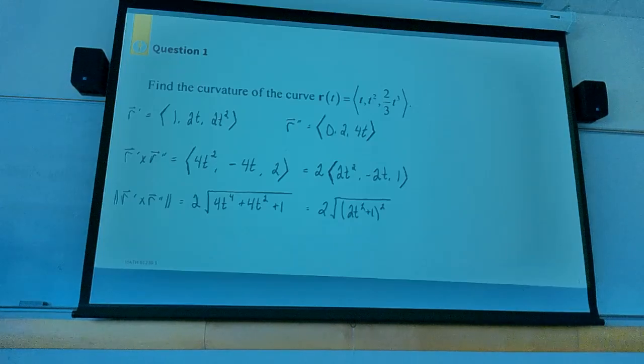That's a perfect square binomial. So this is what we get for our magnitude.